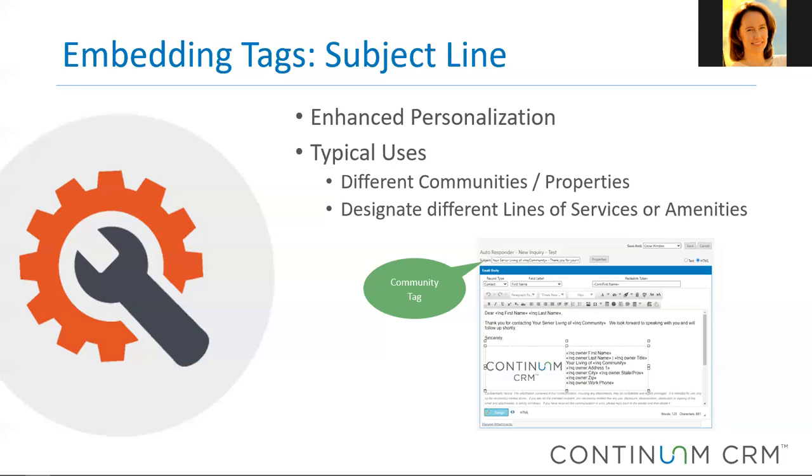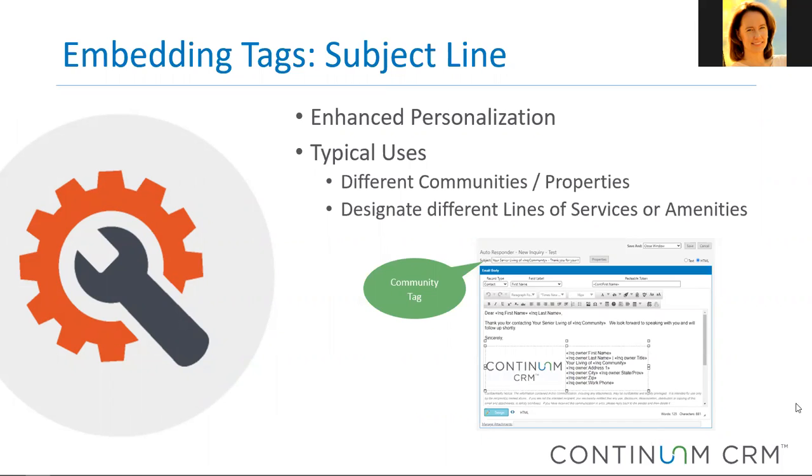One of the things you can do in your email bodies is pull in any field that's available to you, and typically we're talking about a prospect or contact record. I might want to pull in the community that they showed interest in, or reference the line of service they're looking into.